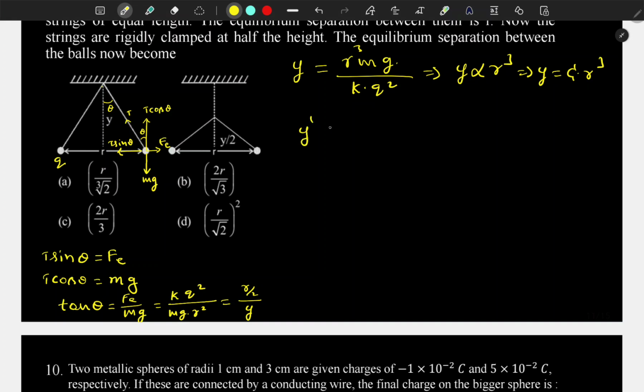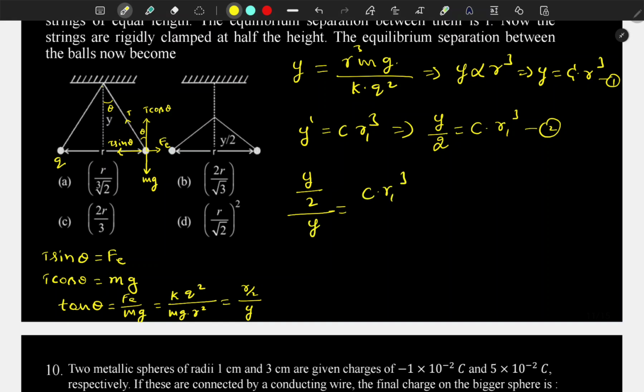So if you vary the y value, the r value also varies like this. So y value is varying by how much? Y by 2, that is equal to c into r dash cube. So if we divide equation 2 by equation 1, what do you get? Y by 2 divided by y is equal to c r dash cube divided by c r cube.